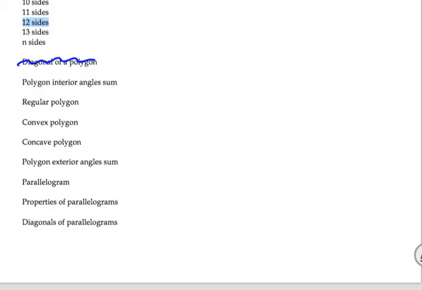Polygon sum. So remember, interior sum, that's when you have to do n minus 2 times 180. That's how you're going to find the interior. Remember, exterior is always 360. That's why it's easier to work with the exterior of an angle.